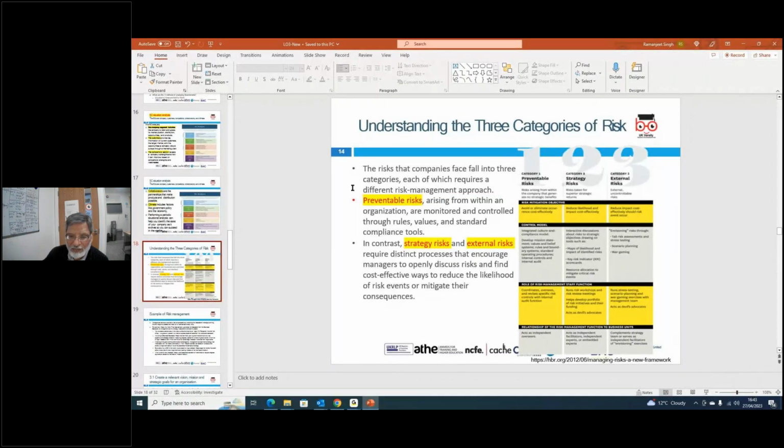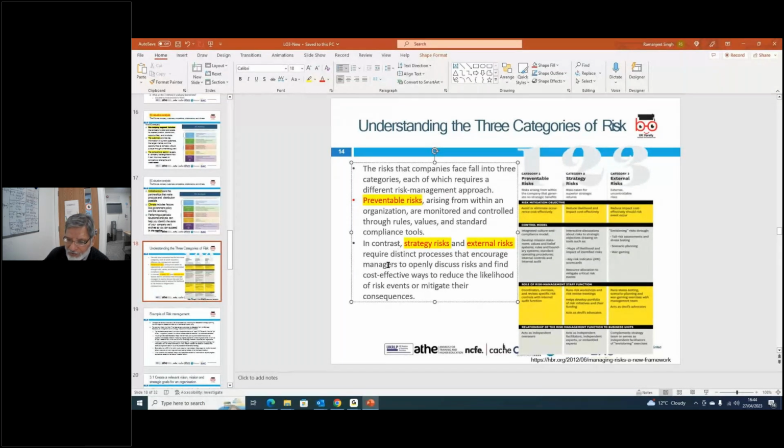So there are some preventable risks, some strategic risk, and some external risk. What is a strategic risk? If you move your plans, how risky are they?